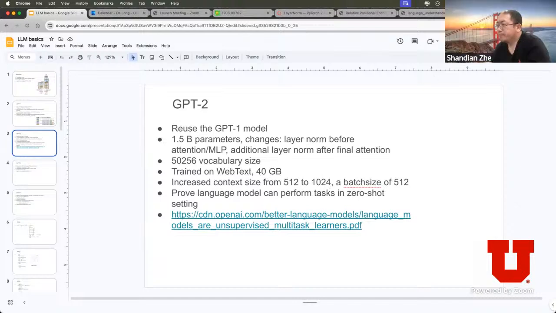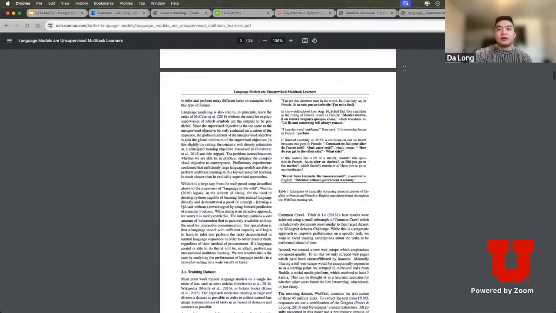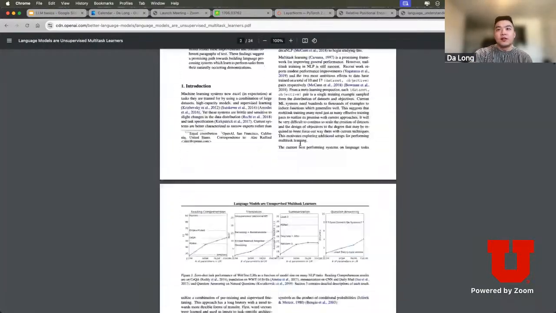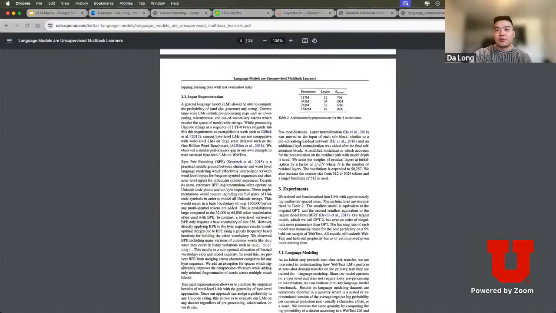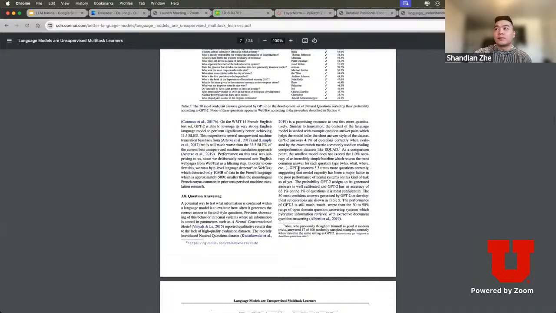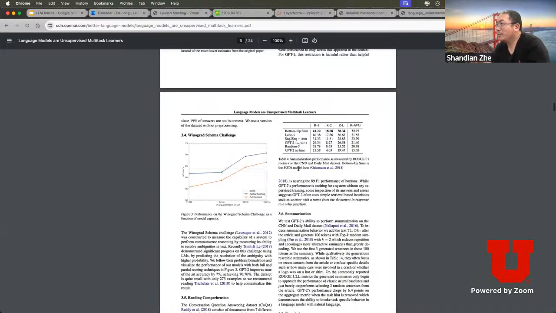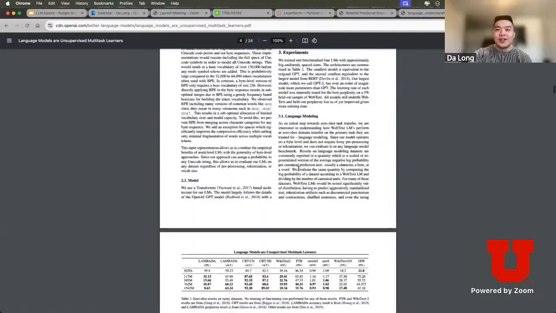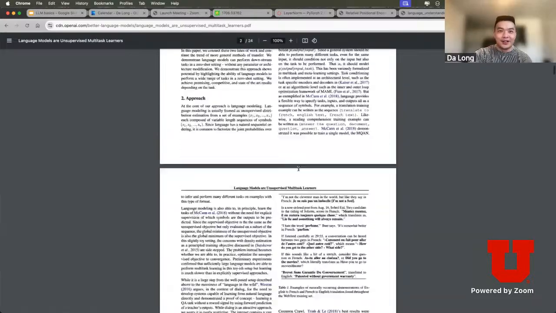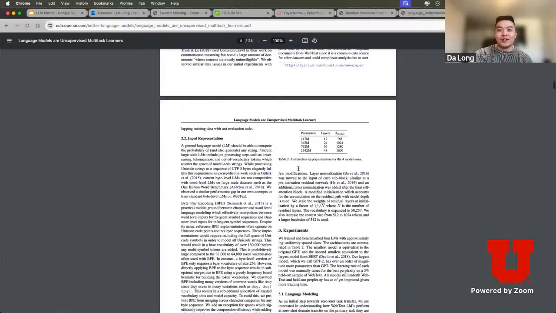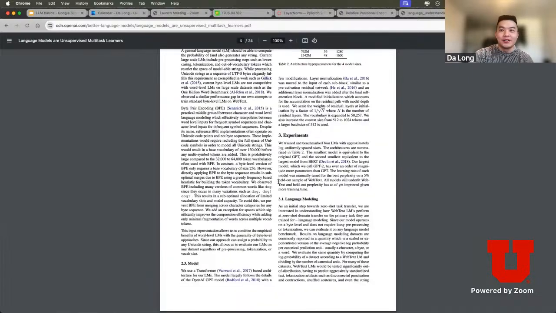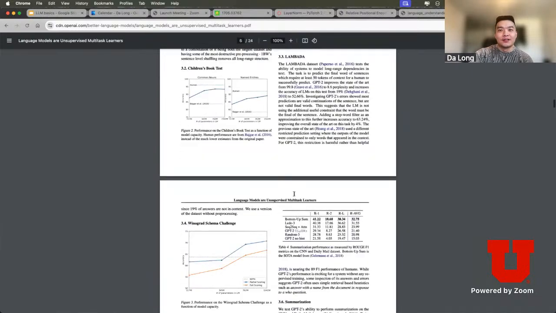This paper uses a larger model, and also pre-trains on a larger amount of text. I'm not going into the details of the text, but I'm checking it.